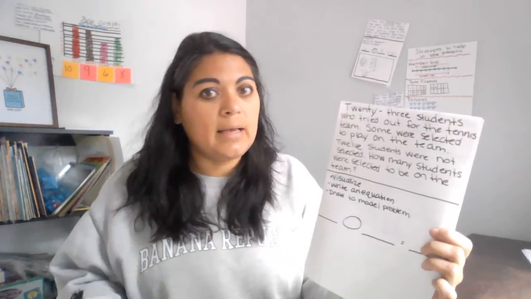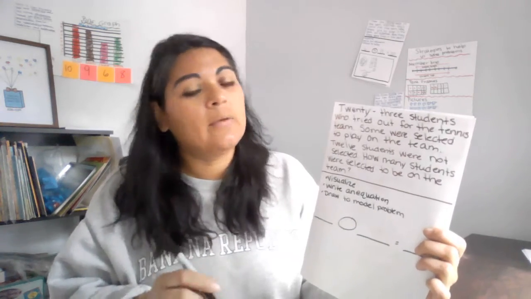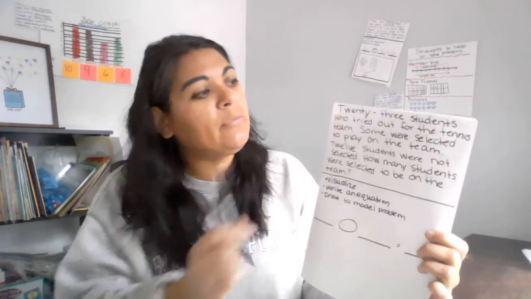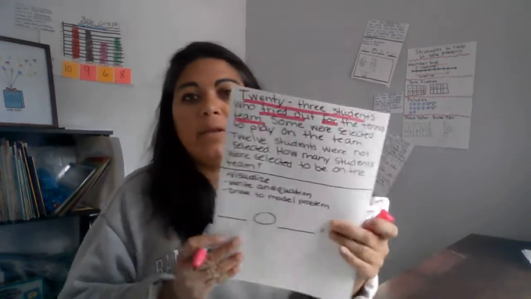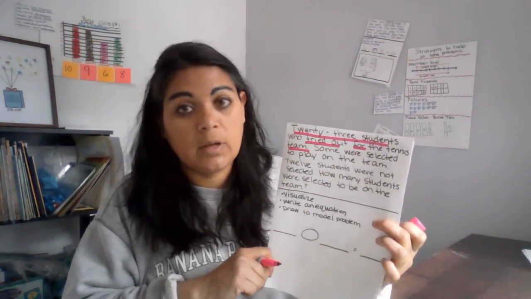So let's take that apart and see what information is given to us. We're going to visualize as I read. 23 students who tried out for the tennis team. I'm going to underline 23 students. Tried out for the team. I'm just underlining some words that are the most important of the story.